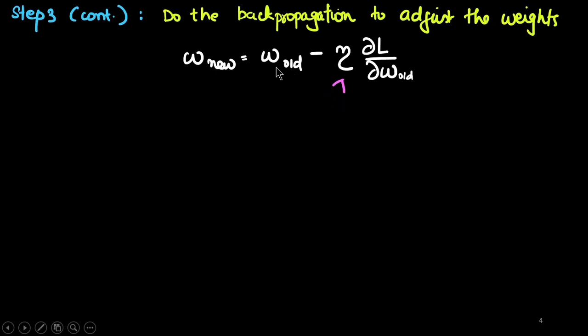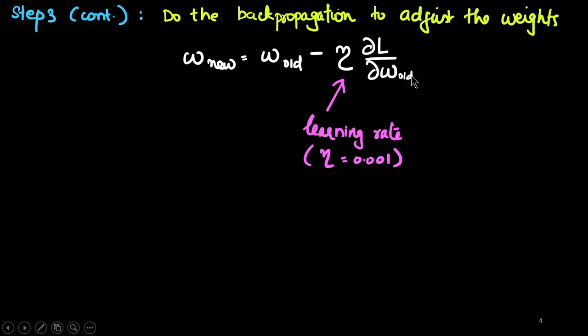W old means the current value of W, and W new means what should be the next value of W. Here eta is called the learning rate, and normally its value is set to 0.001. It's a small value. And dou L by dou W is the derivative of the cost function or loss function with respect to the W value.